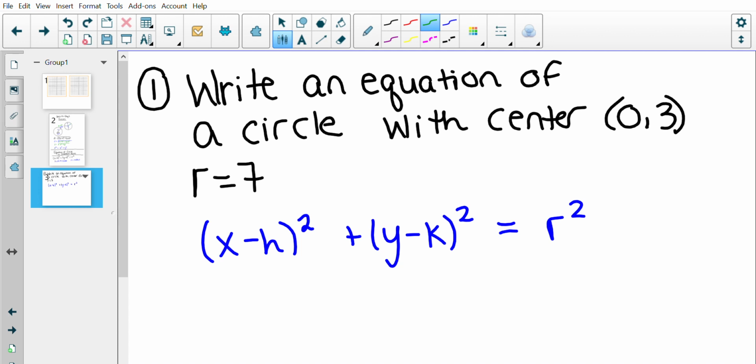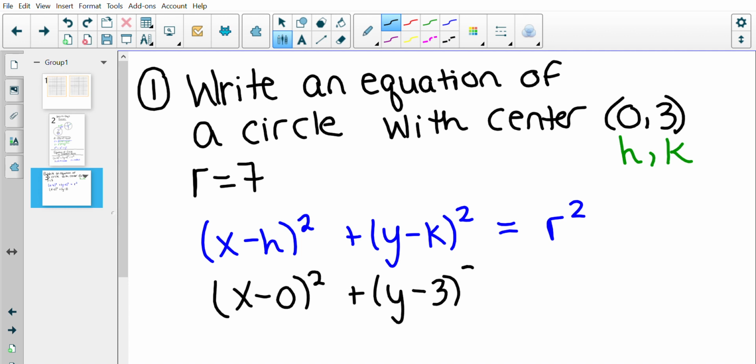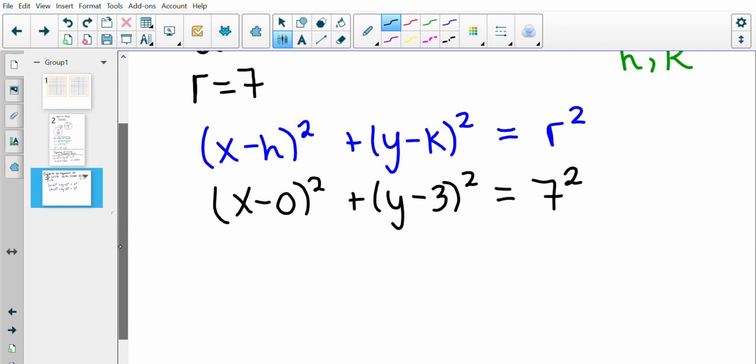Well, I'm giving you the center and I'm giving you the radius. So we want to recall that the center is going to be represented by h comma k. So this is going to be x minus 0 squared plus y minus 3 squared is going to equal our radius squared, which will be 7 squared. Now I'm going to simplify it just a little bit more.